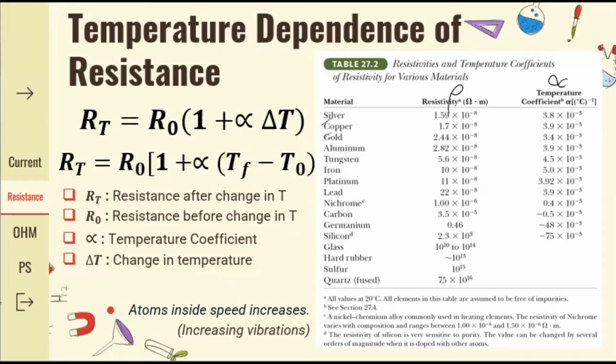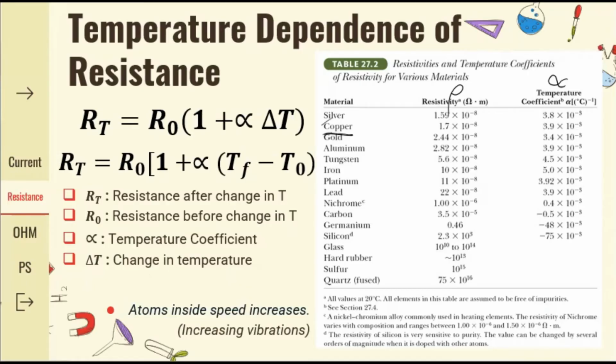Silver, copper, gold, aluminum, and so on. So what do we often use in wires? Copper. Copper has a resistivity of 1.7 times 10 raised to negative 8, and a temperature coefficient of 3.9 times 10 raised to negative 3. You may refer to this table depending on which material you use for the conductive material of your wires.